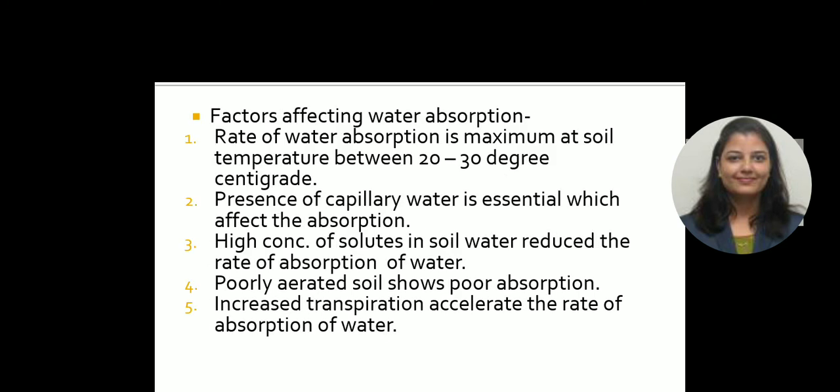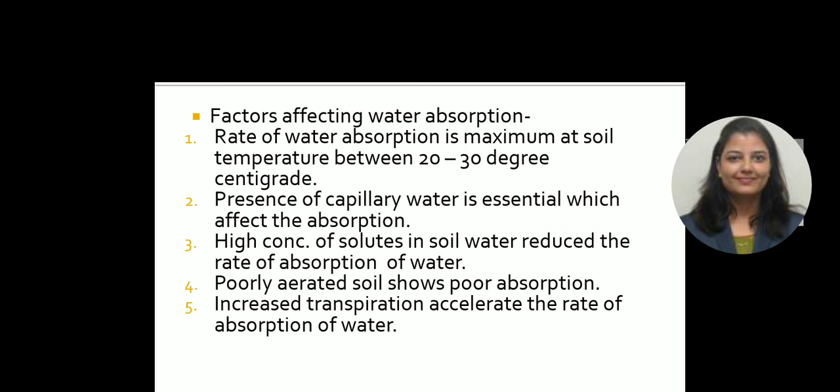What are the factors that affect water absorption? So what are the factors which are responsible for, or which affect, the absorption of water through the root? So one, rate of water absorption is maximum at soil temperature between 20 to 30 degrees centigrade. Number two, presence of capillary water is essential, which affects the absorption.